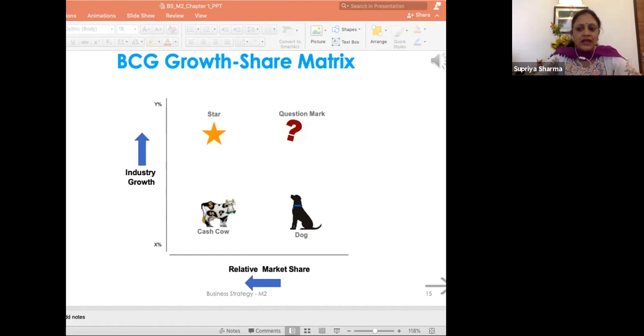And when cash cows lose their appeal and move towards deterioration, then the organization is in a problem. So in my portfolio, I need to have some cash cows which actually help me sustain my business.